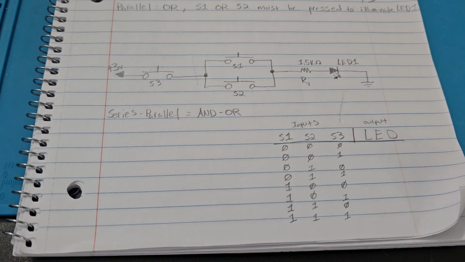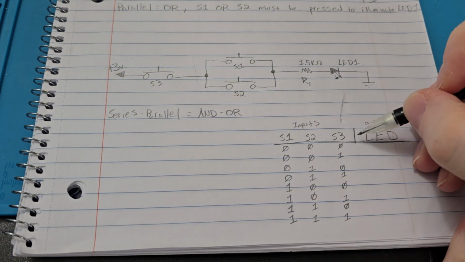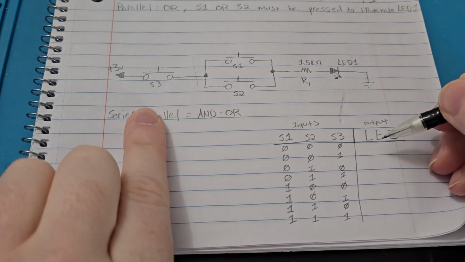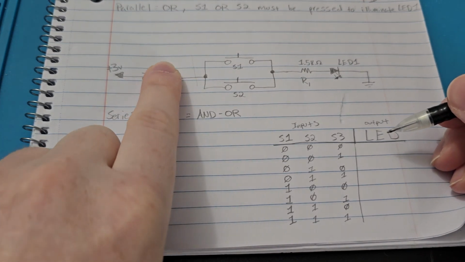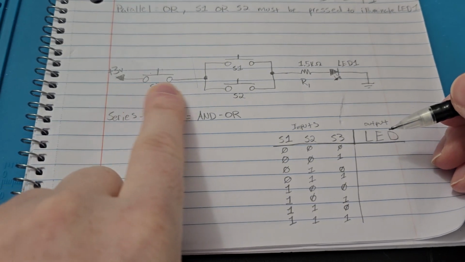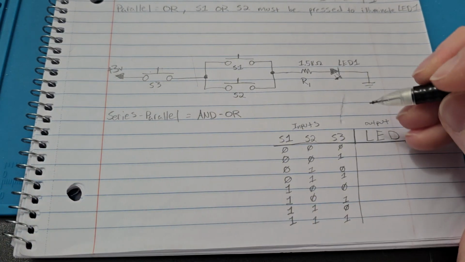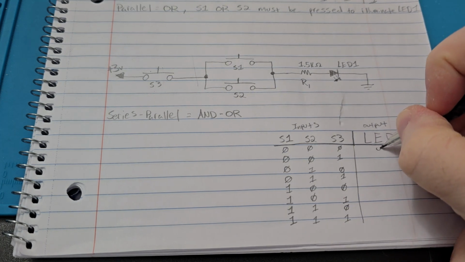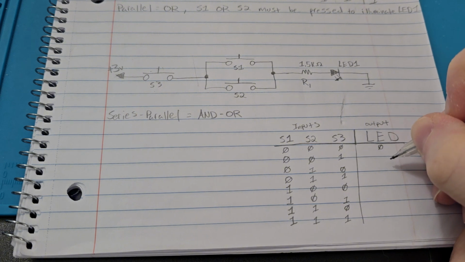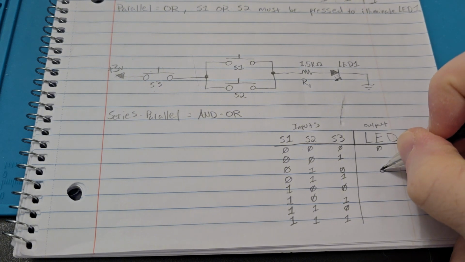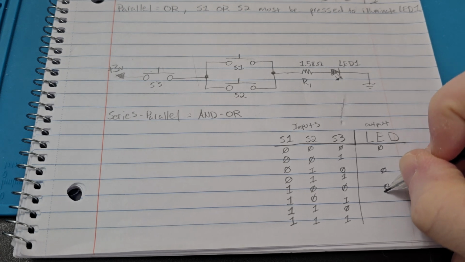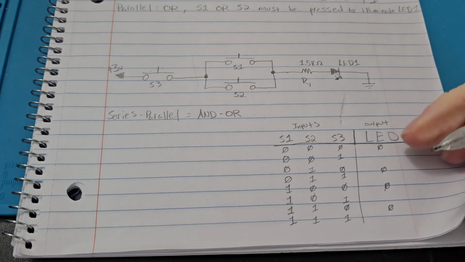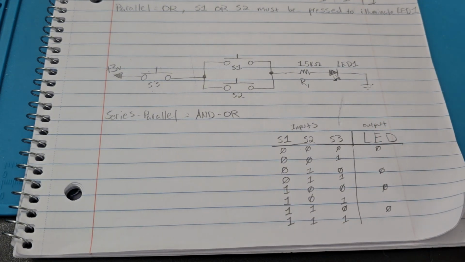So now if we just walk through it, we can figure out when our output or our LED should be on. Well, we know that switch 3 has to be closed, right? Just to get current going through here. So anything where switch 3 is off is going to be off. We've already eliminated half the possibilities.